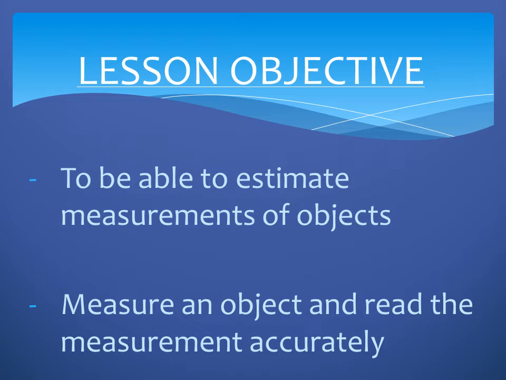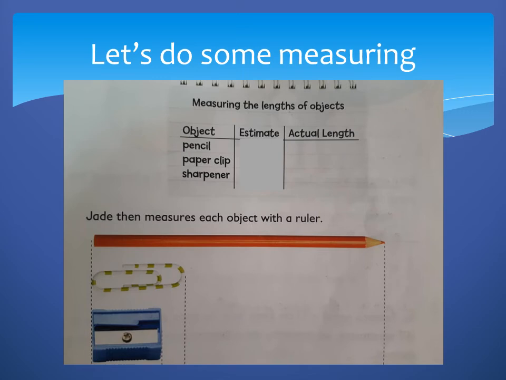But when I did the actual measurements, the tree was 250 meters. Did I underestimate or overestimate? Well, I underestimated because I estimated a figure that is lower than the actual measurements. Okay, so today we're going to be able to read measurements accurately. Okay, all right, let's go to the next.